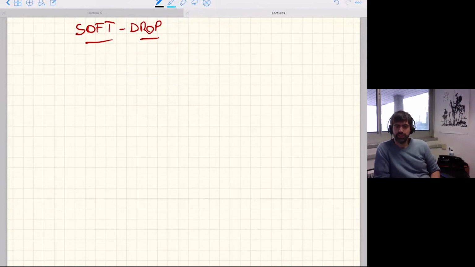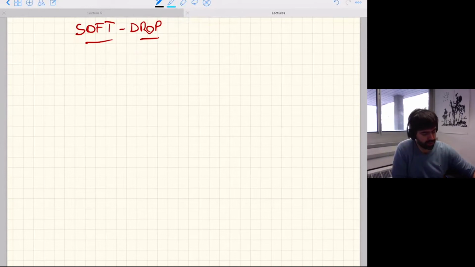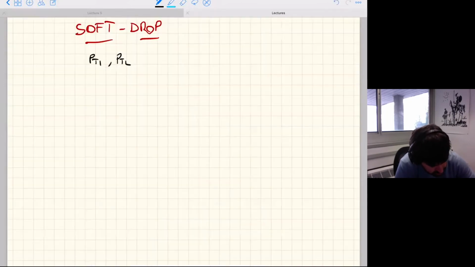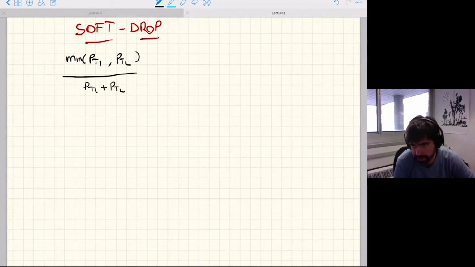So how does it do that? Well, the actual working is a bit complicated, but the idea is that, let's say we have 2 branches in a jet, and we want to compare them. And the 2 branches in the jet have transverse momentum pT1 and transverse momentum pT2. We compare these 2 transverse momenta. So we look at the minimum of the 2 and we divide it by the total.